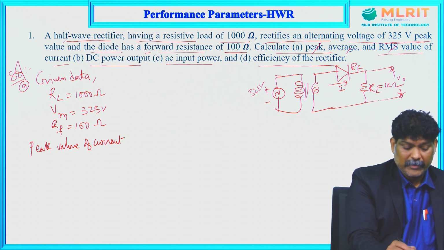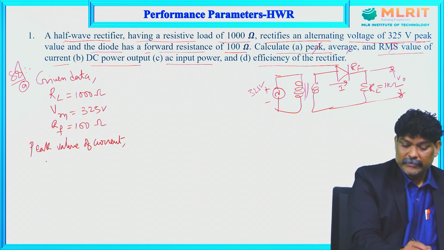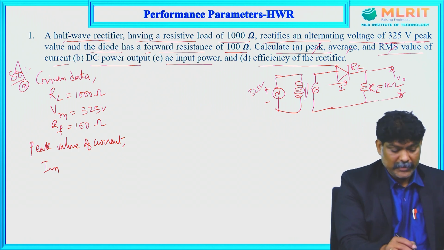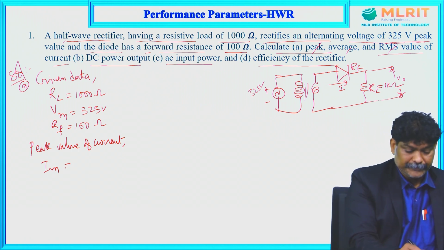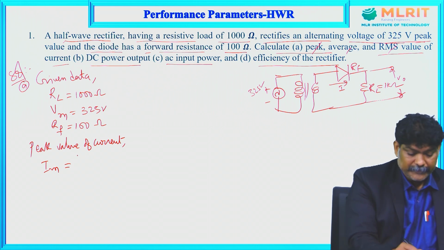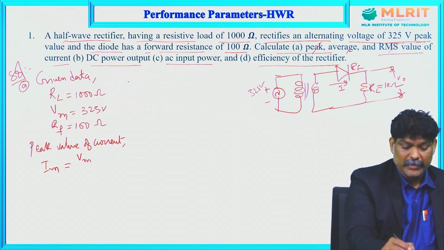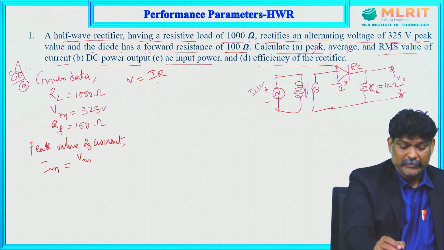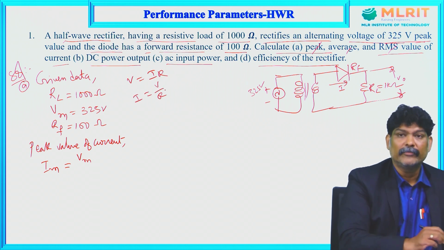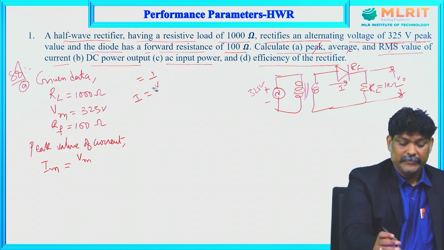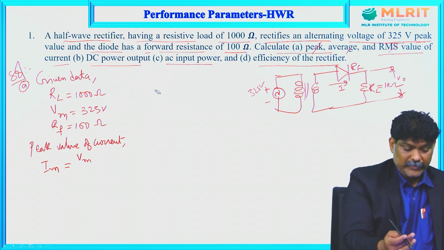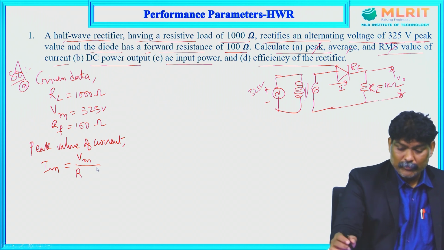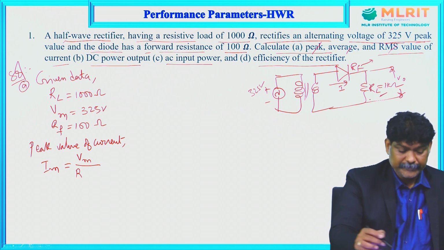Peak value of current, how to calculate? That is the maximum value of the current, Im. According to Ohm's law, V is equal to IR, so if you want to calculate I, it will be I equals V by R. So Im is equal to Vm by RF plus RL.